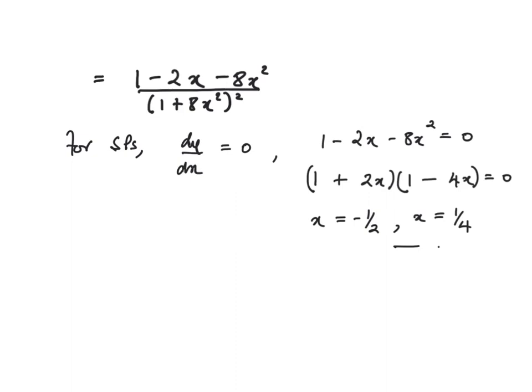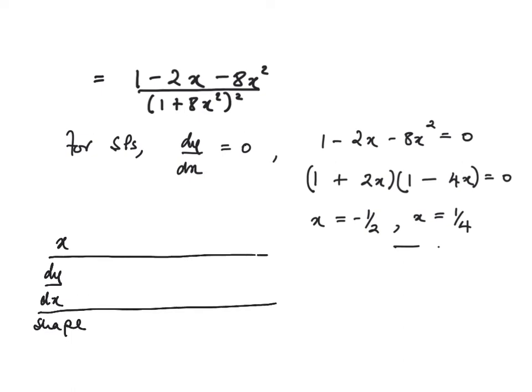What we need now is the nature table. We know that dy by dx is 0 at minus 1/2 and 1/4.